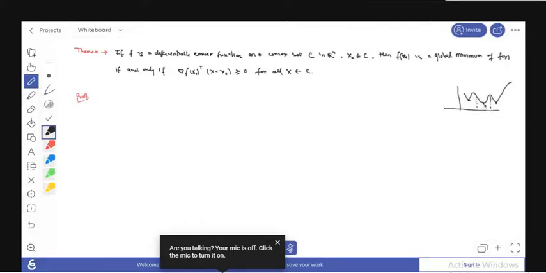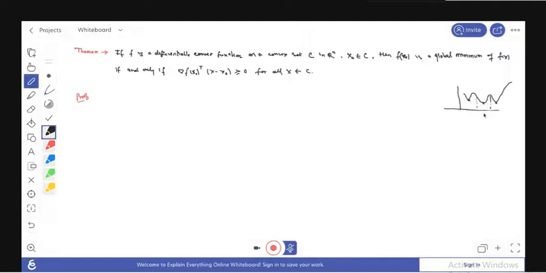Suppose that type of interval, and that set is convex. This minimum also holds if x belongs to that set C: if you contain that convex set C, the same point is the minimum of this function.